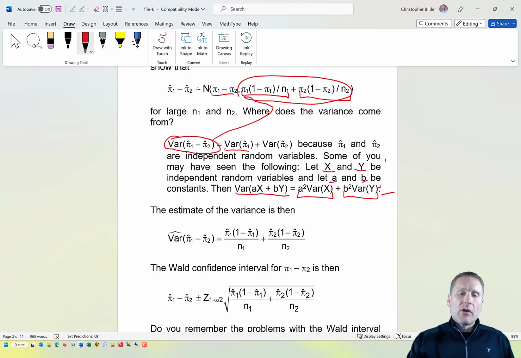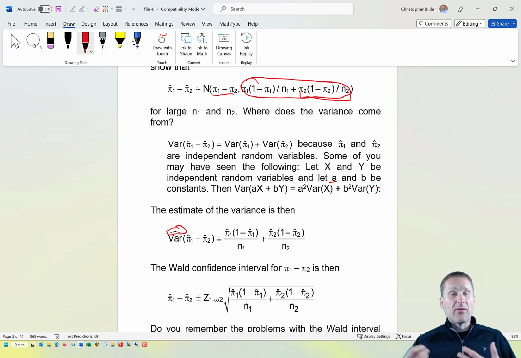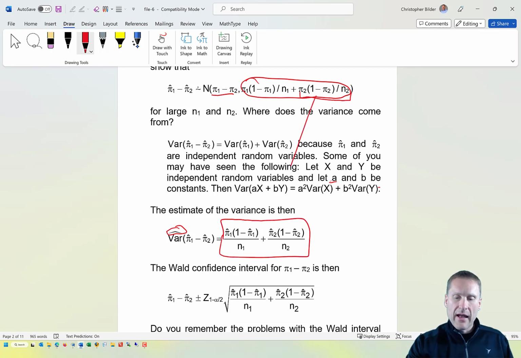Okay, so now let me do a little bit of erasing here. So how do I estimate then this variance that we see here? Because again, it relies on population parameters. Well, when I estimate it, of course now my notation becomes a var hat for an estimate. Var hat of pi hat 1 minus pi hat 2 is exactly what we see for the actual variance, except for now we put hats on top of the unknown parameters.